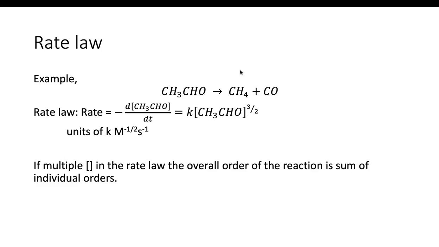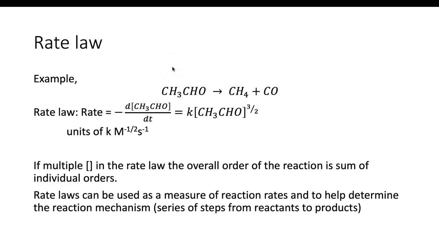So far all we've dealt with are reactions with one reactant. If we had multiple reactants or multiple components in our rate law, the overall order of the reaction is just the sum of those orders. And importantly, rate laws are a measure of reaction rates, which is great, but they also help determine the reaction mechanism.